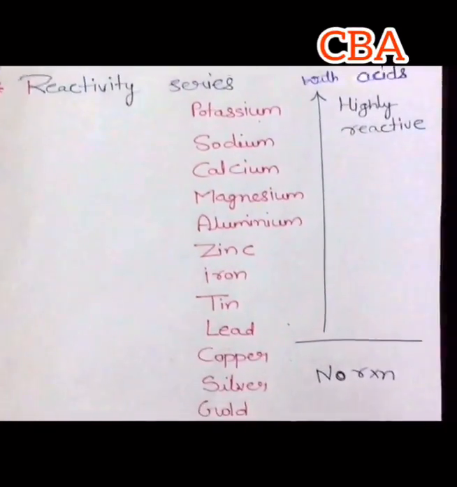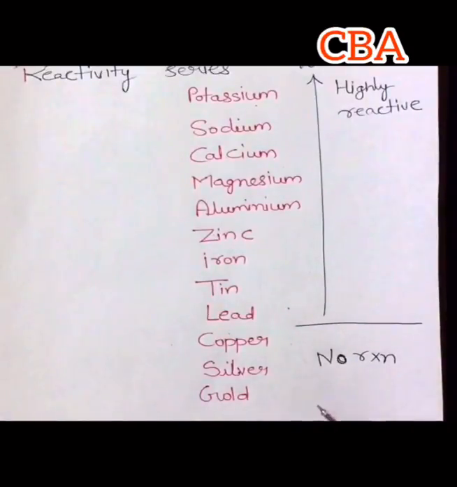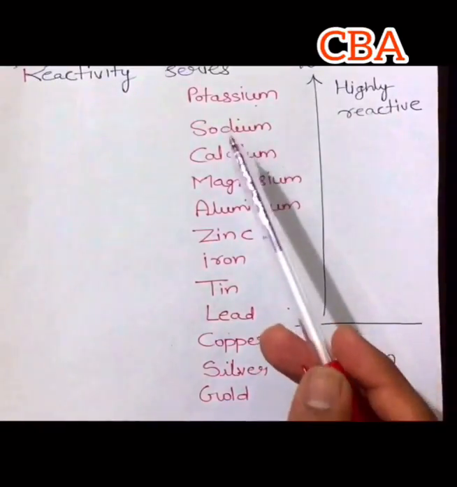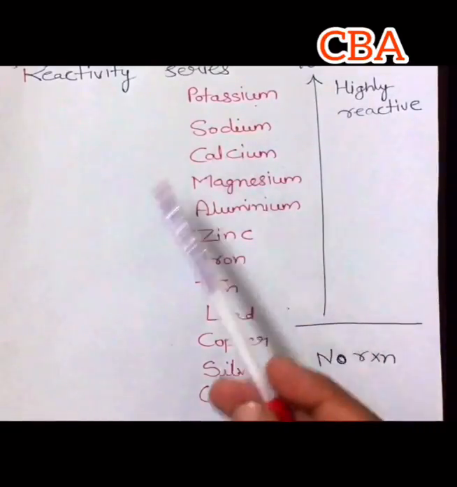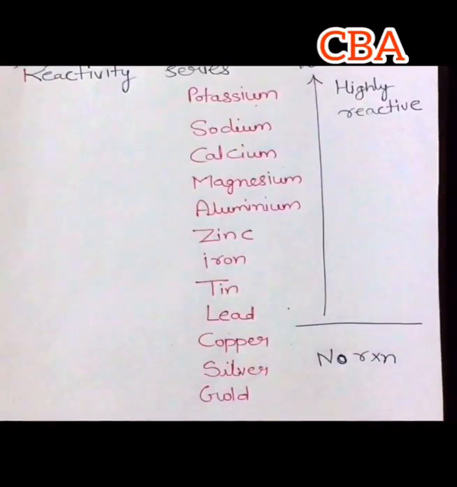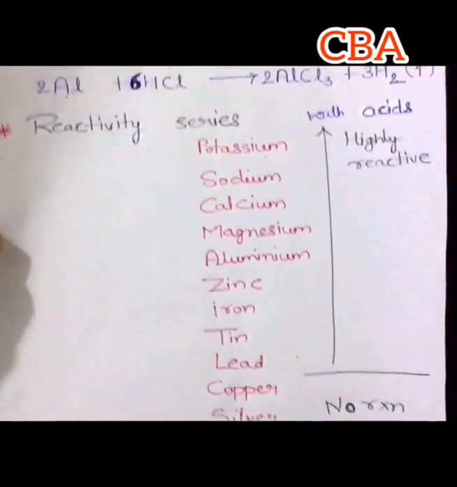If we talk about copper, silver and gold, there is no reaction between these metals and the acids. They do not react with the acids. Now there is a trick to learn this reactivity series which I am going to tell you, so you can easily remember it. So what is the trick?